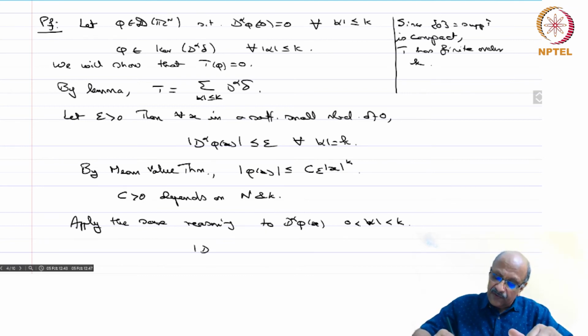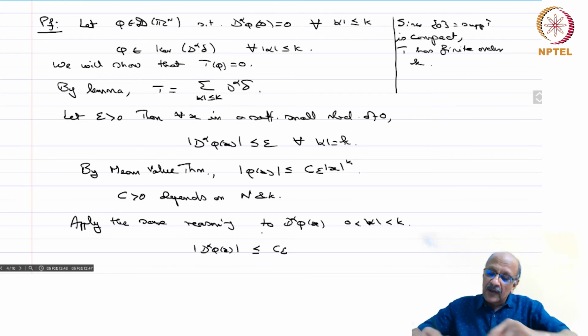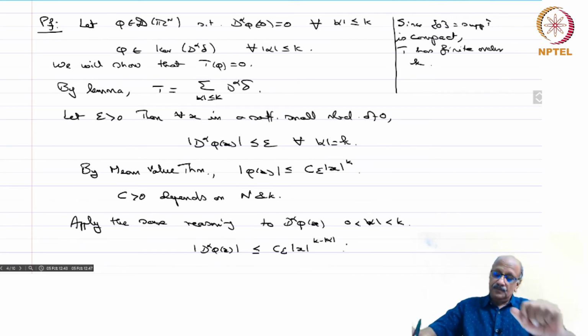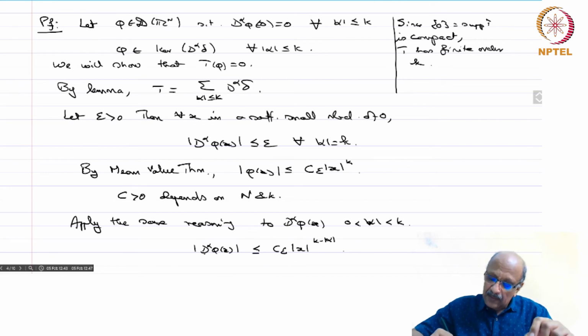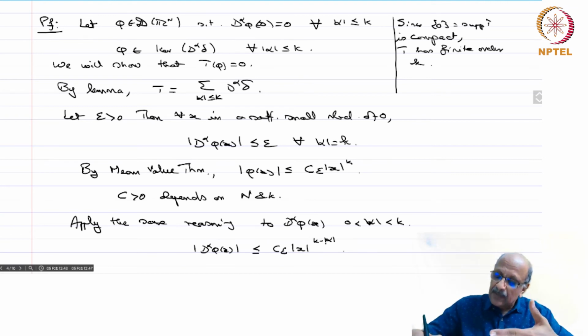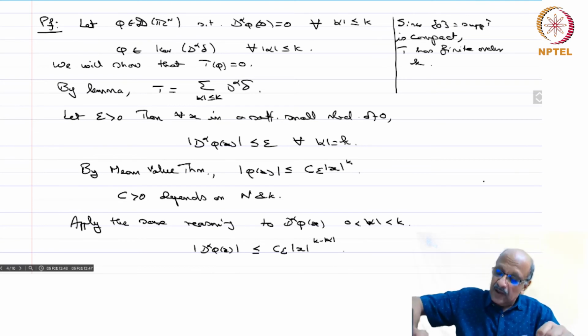So mod D^alpha phi of x in a small neighborhood will be less than or equal to C epsilon times, now from alpha you have to go to the kth order derivative, so you will have mod x to the k minus mod alpha. I'm writing D^alpha phi(x) as an expansion in the neighborhood of the origin. All derivatives up to order k minus alpha of this function, namely all derivatives up to order k of the original function, are all 0, and therefore by the mean value theorem once again you have this.